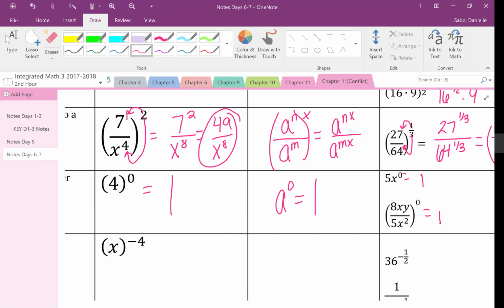But I have to ask you a question. Did I make an error? Yeah. Where did I make an error? Do you notice how this 0 is only applied to the x? So this 5 is still there. So Miss Abel made an error here. So it is 5, because technically it's 5 times 1, which is 5.